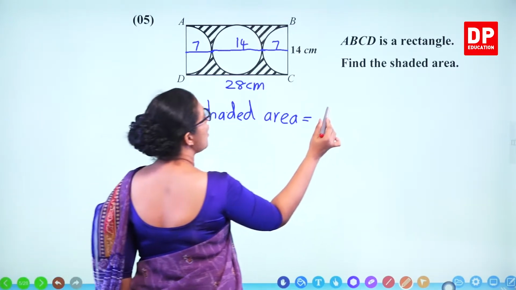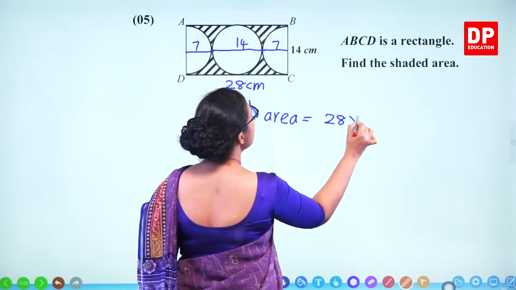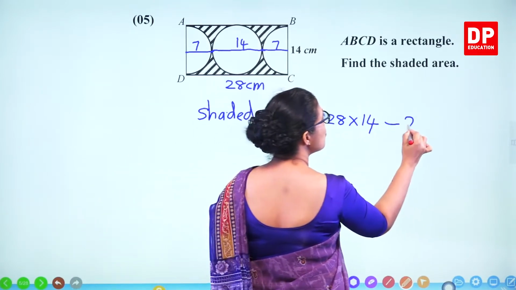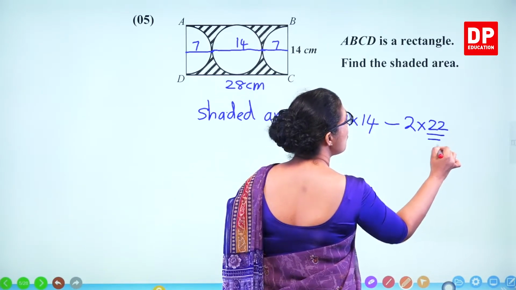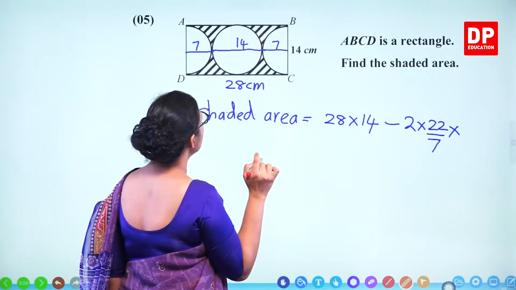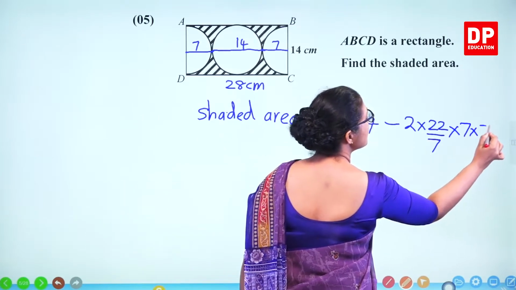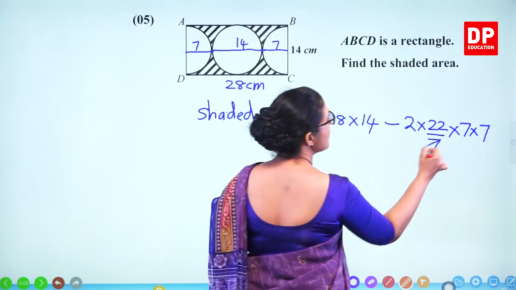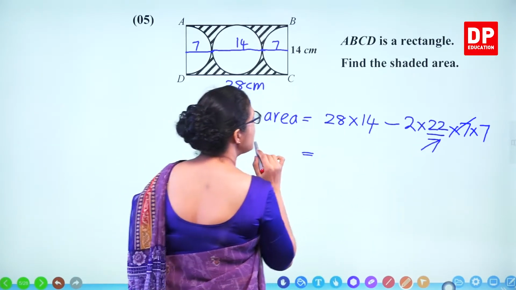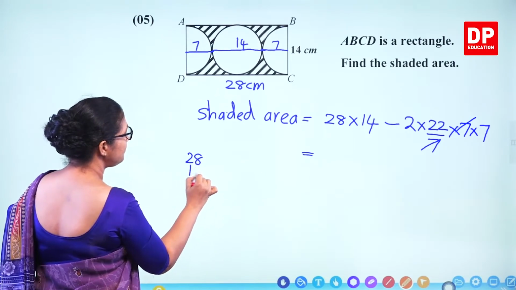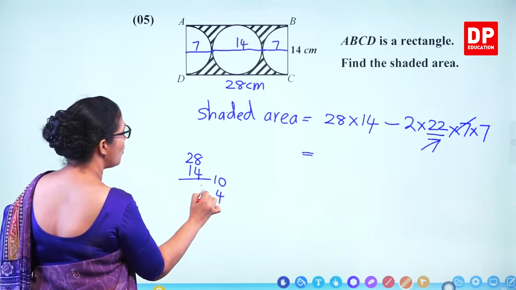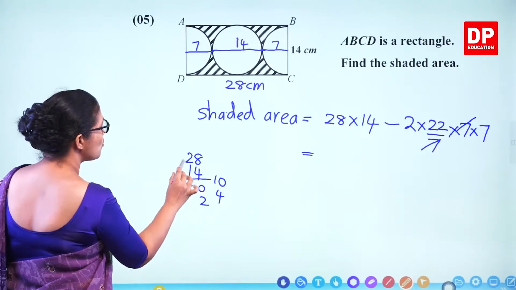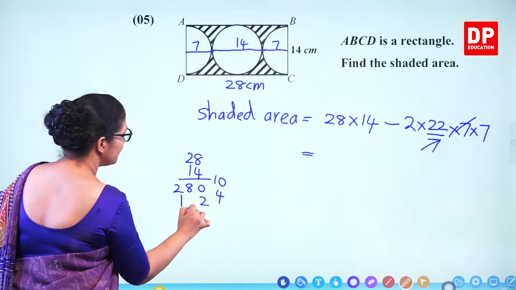So you can find the area of the rectangle, 28 times 14, minus 2 circles. 2 times pi, 22 over 7, r squared, 7 times 7. So 2 circles we have to subtract. 7s get cancelled out. What is 28 times 14? 10 and 4. 4 times 8, 32. 4 times 2, 8 plus 3, 11.